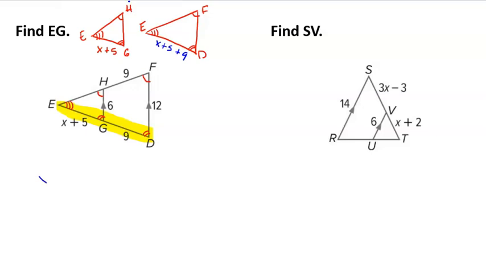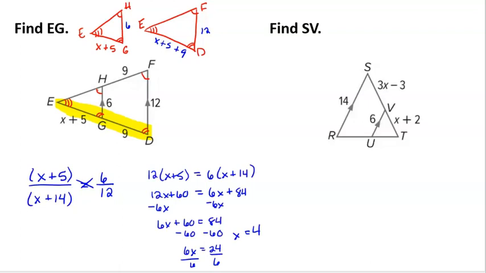So now when I go to write my proportion, I have X plus 5, but then for ED, it's going to be X plus 14. And so sometimes it helps drawing them out separately just so you can see them a little bit more clearly. And then we have 6 going with 12. And then I would cross multiply and solve from there.